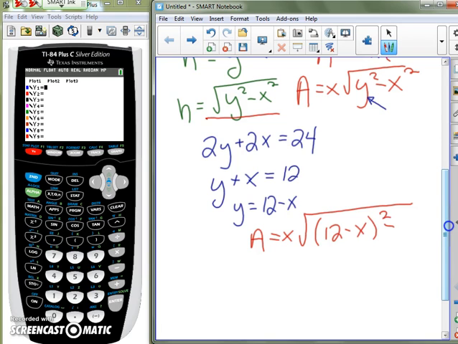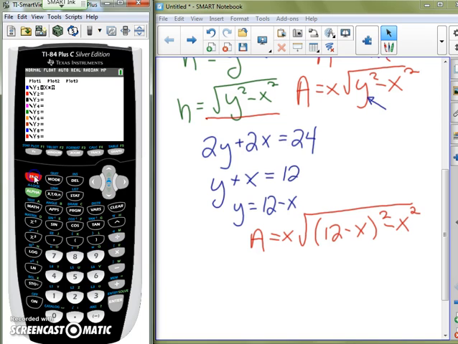squared minus x squared. So at this point in our calculus careers, when we're using the calculator, I think I just go with that expression. Later when we do analytical calculus, we're going to find the derivative and do all those kinds of techniques. We'll simplify that. But for right now, that's what I'm going with.